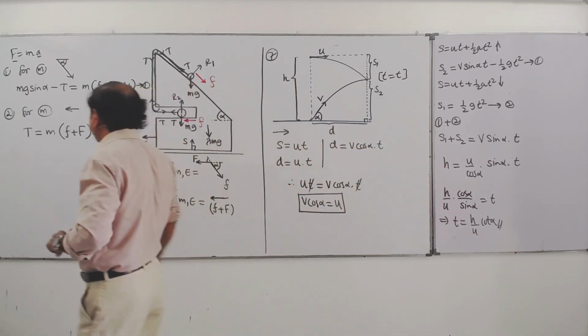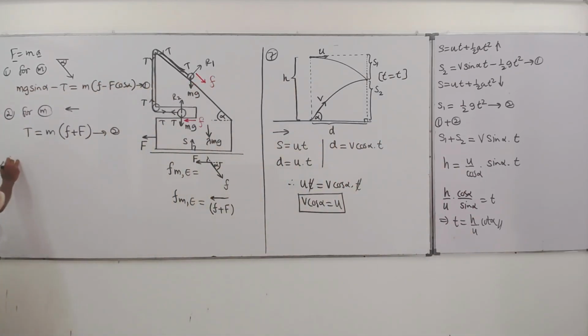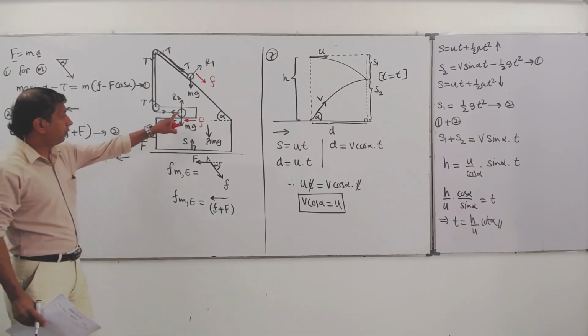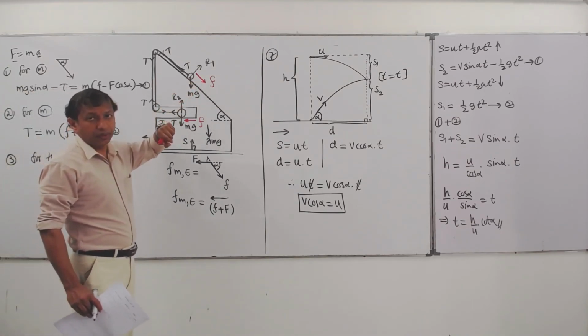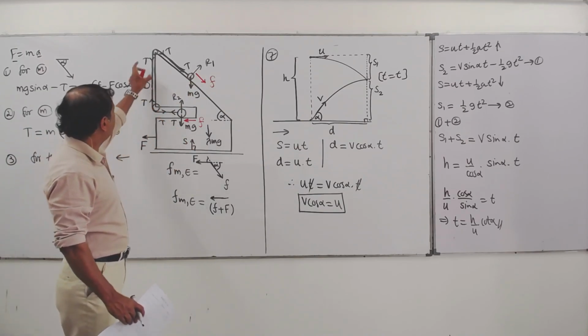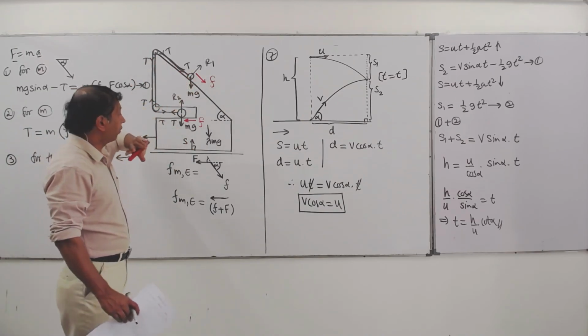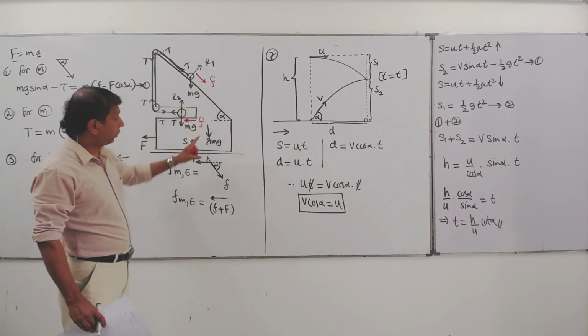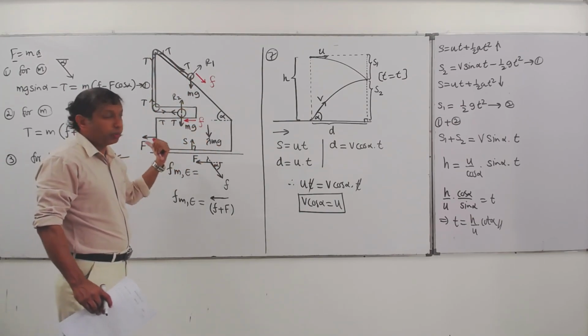Third one, people, for the system. For the system, leftward. System means wedge, this particle, this particle. Then this T is going to be an internal force, they cancel off. Mg, lambda mg are vertical forces, S also vertical force, no horizontal component.